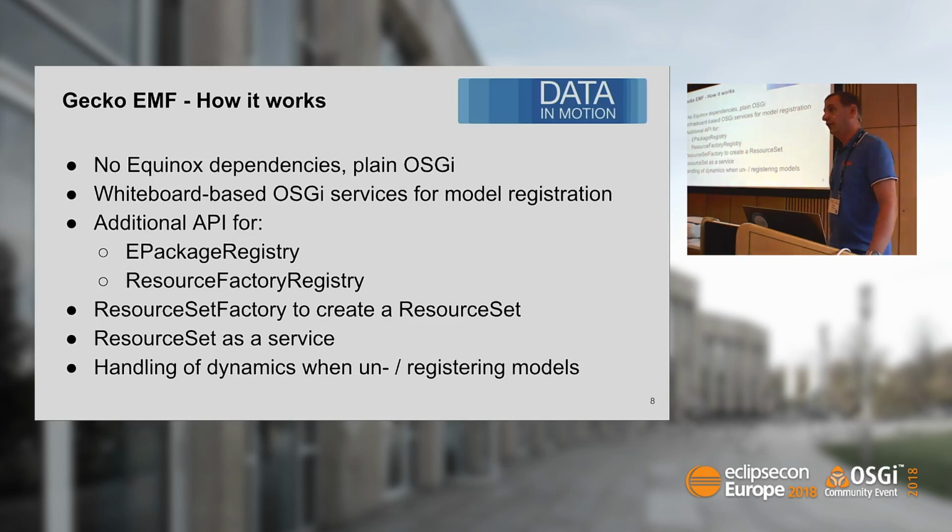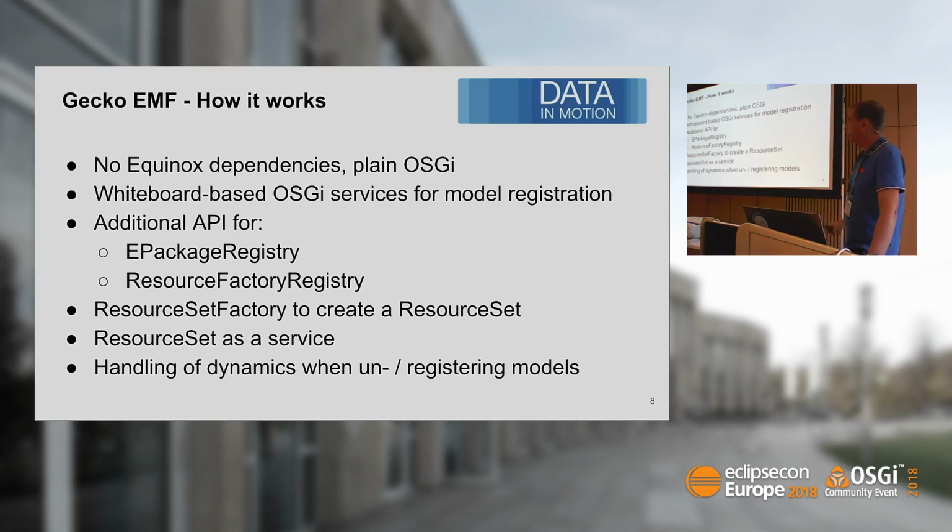As I told, if you create a model bundle, then we usually use our tooling to generate 2 services. One service component to register an EPackage, and the second one to register the resource factories. These are marked as components, as we are used to in OSGi, and then they are the whiteboard services.